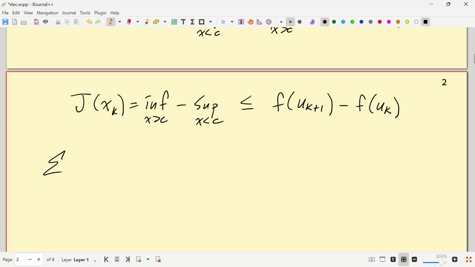the sum of the jumps at xk, as k goes from 1 to n now, is going to be less than or equal to the sum of these actual values.